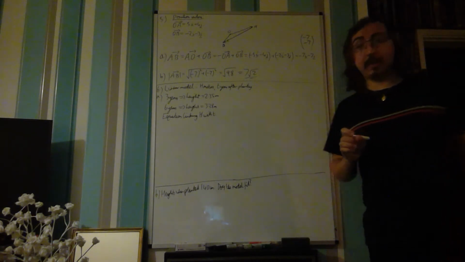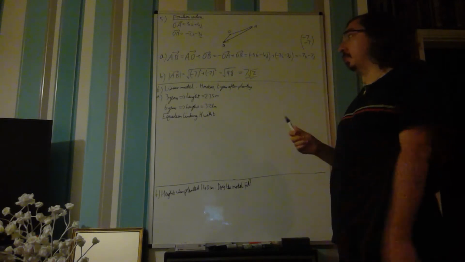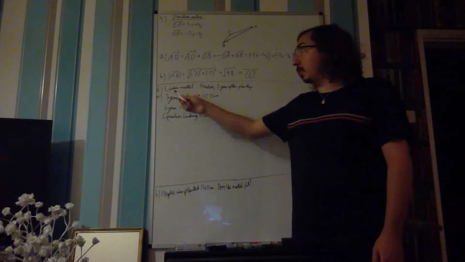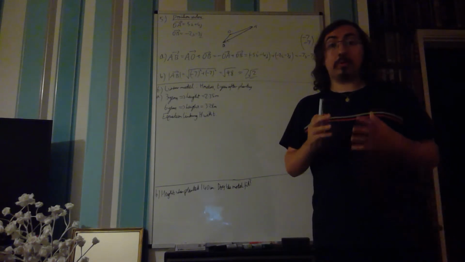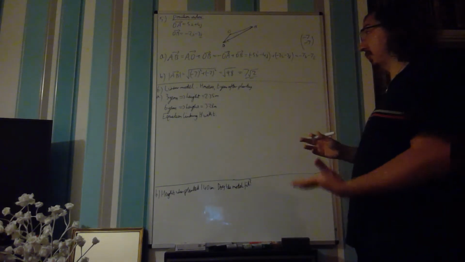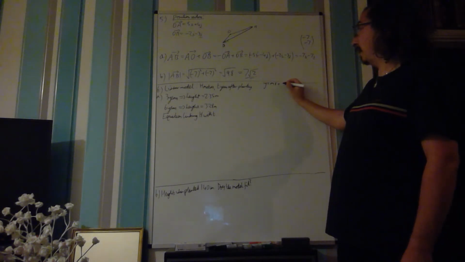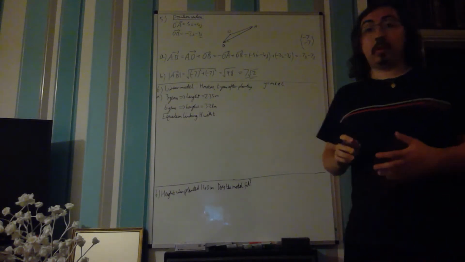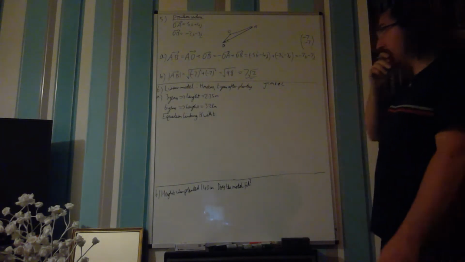Moving on to 6 then. The key expression, they give you a load of text, fine, you've got to be able to work it out, but it specifically says that you're going to use a linear model. Now, if it's a linear model, you know what the general form of a linear expression is. The general form is y equals mx plus c, where x and y are your two variables there.